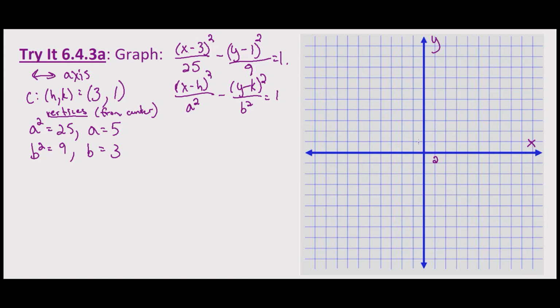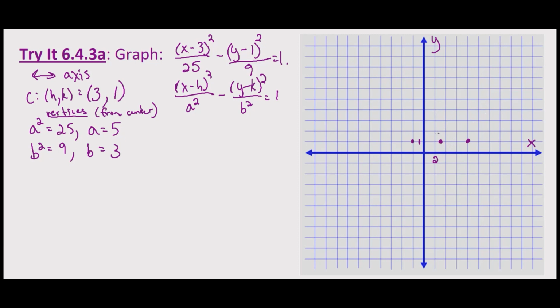I think we'll be fine leaving the y scale at 1. So we'll go to (3, 1). There's our center. We want to go 5 to the right and 5 to the left. 1, 2, 3, 4, 5. 1, 2, 3, 4, 5.